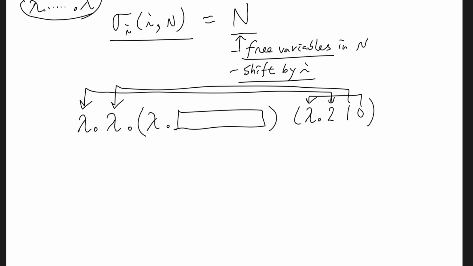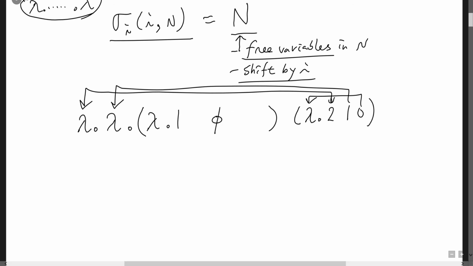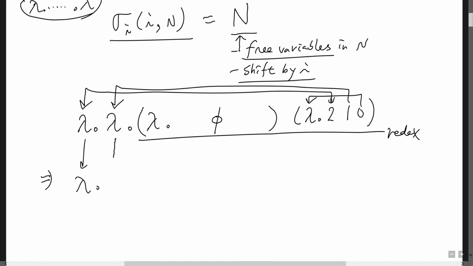Now suppose that if you have just 0 here, then things are easy. This is the red X. So what happens is you copy this lambda, you copy this lambda, and this is now gone. And you have to find index 0 and then substitute the argument for that.